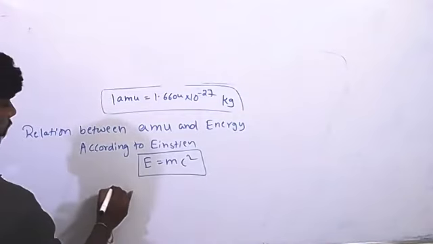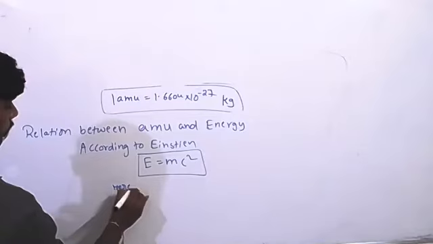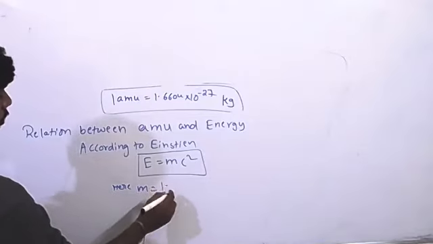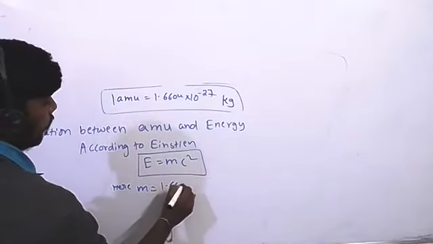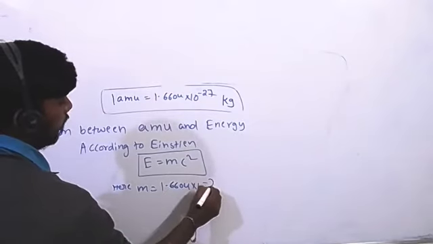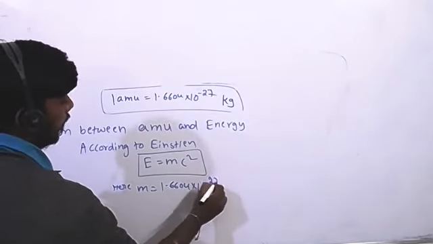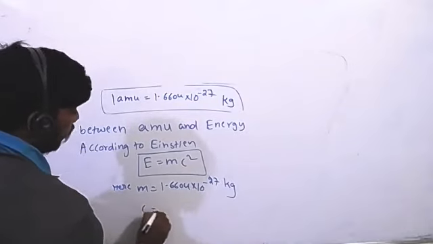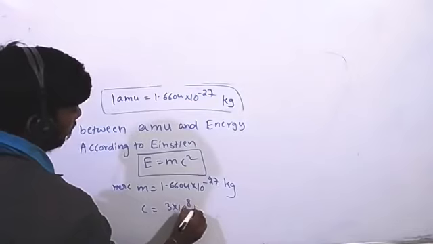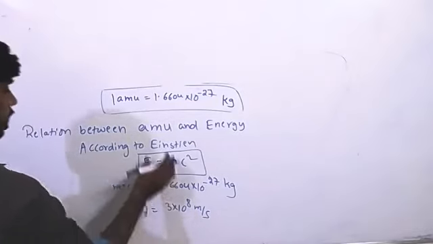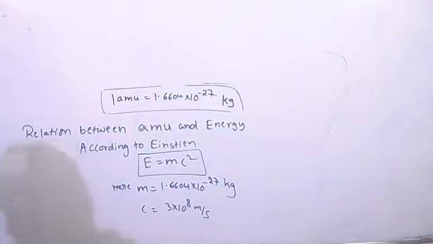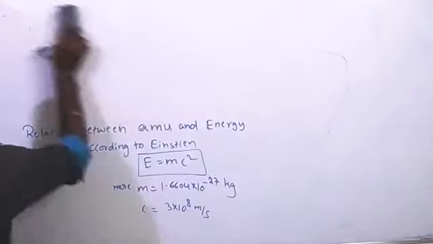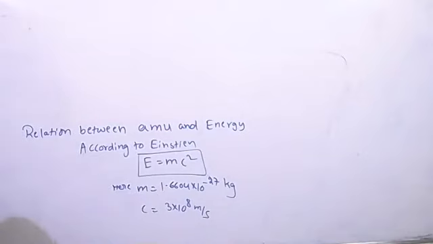m equal to 1.6604 into 10 to the power of minus 27 kg, and c equal to 3 into 10 to the power of 8 meter per second. Substitute those values.